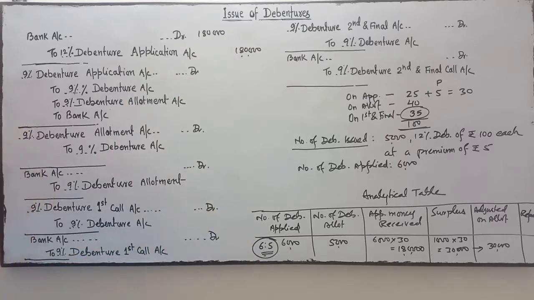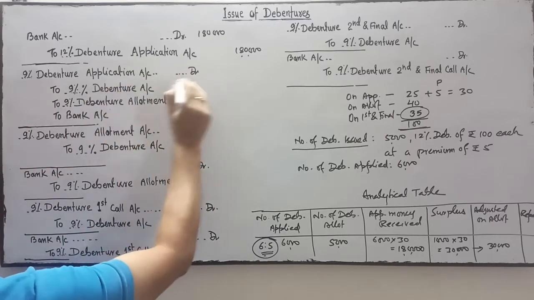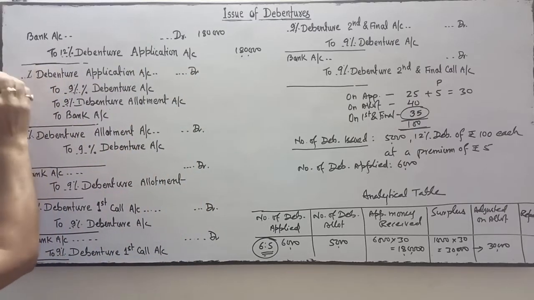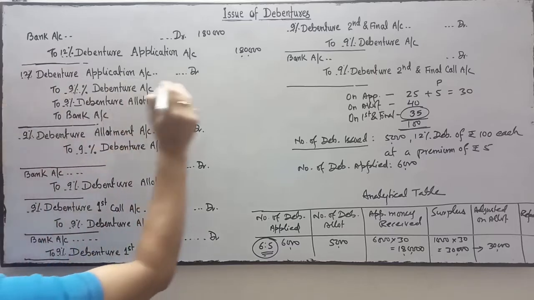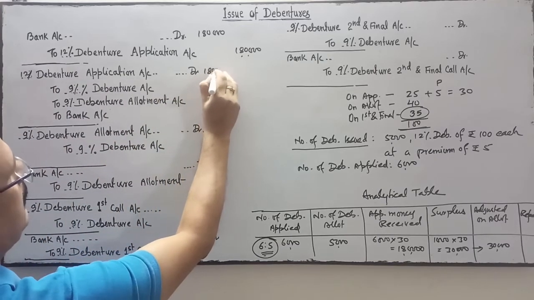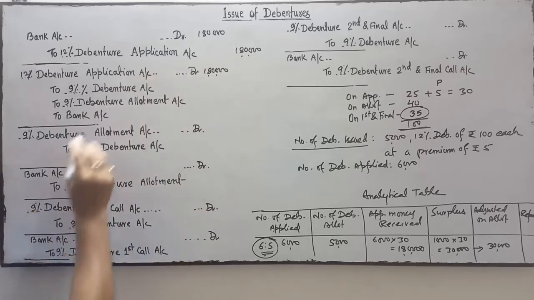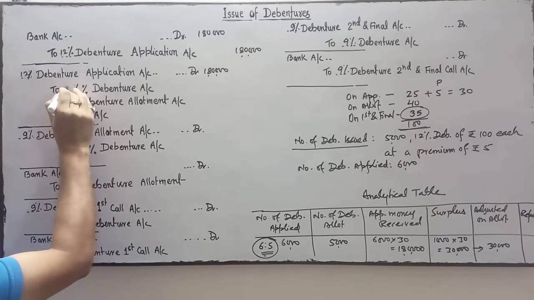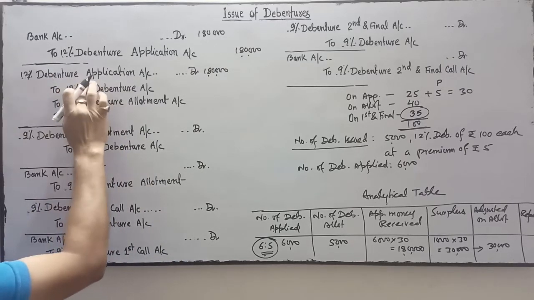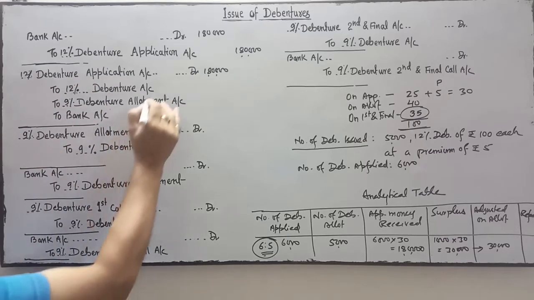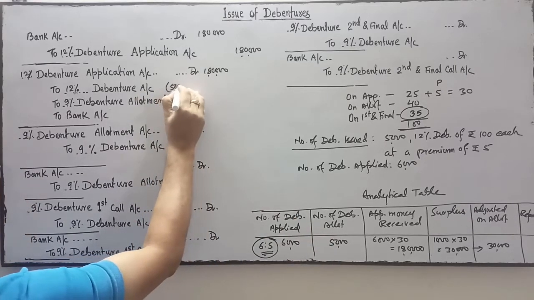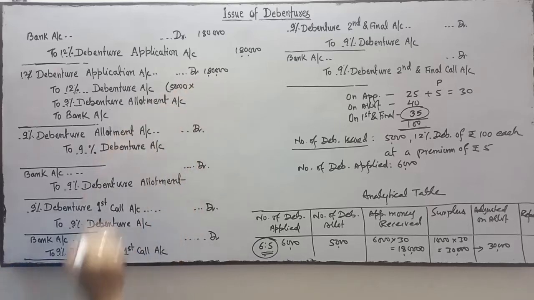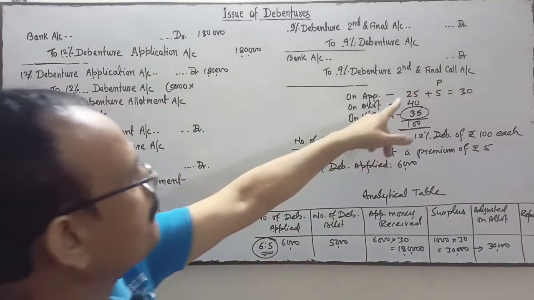Okay. Now second entry, debenture application. Here we have to change the percentage. It is 12% debenture application account debit 1,80,000. Now we'll transfer to the 12% debenture account. In debenture we will write number of debentures allotted is 5,000 into 25 rupees.